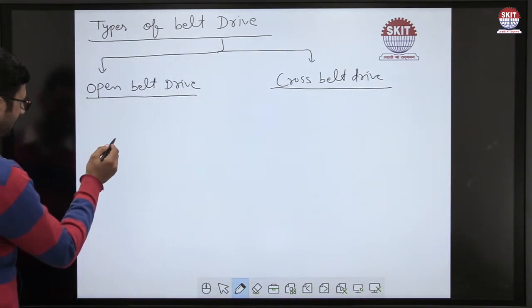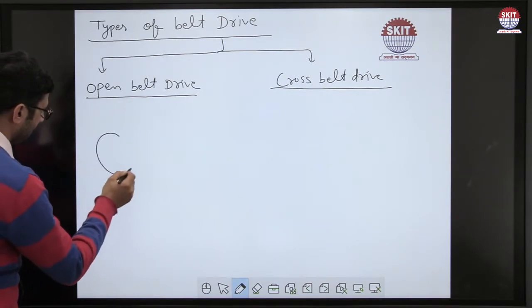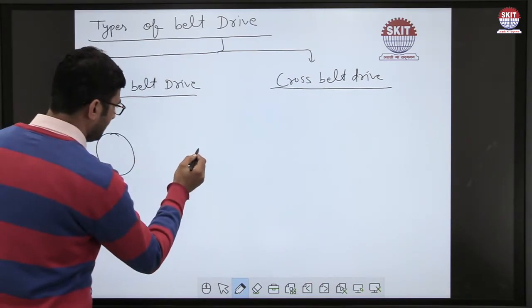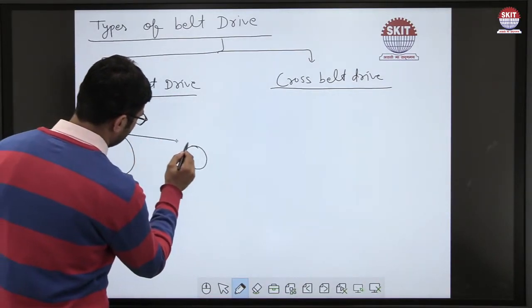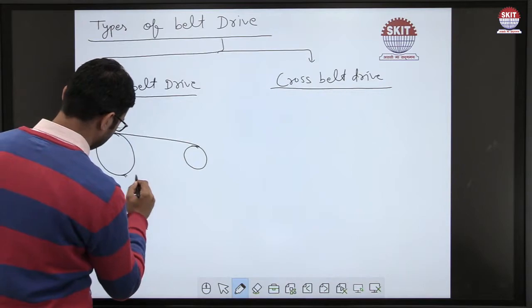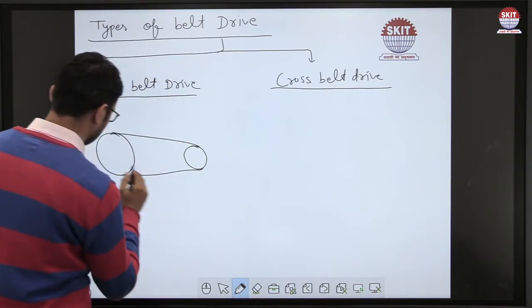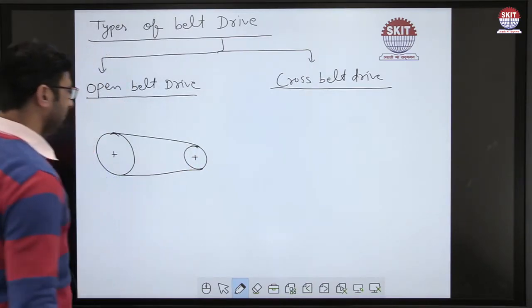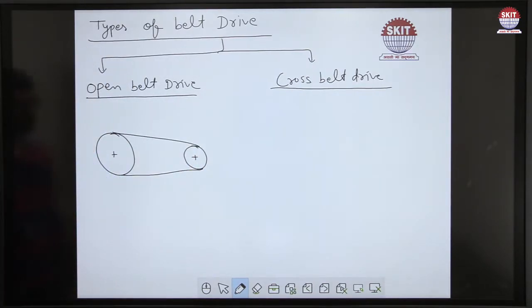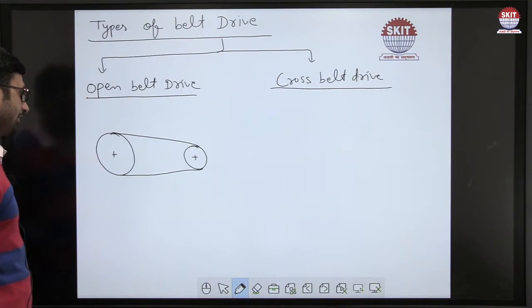In the open belt drive, we connect the two pulleys in this manner. This is the first pulley, this is the second pulley. The diameter of the pulleys may be the same or different.